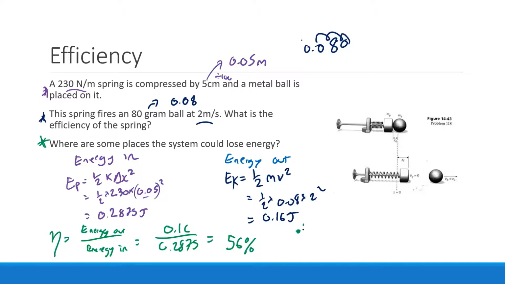It's possible that the spring, or maybe even the ball, will get warm. Heat's always a classic place where we lose energy out of the system. Is there any other way that we can lose energy out of this system? Any other guesses? What's the other one that we usually say?